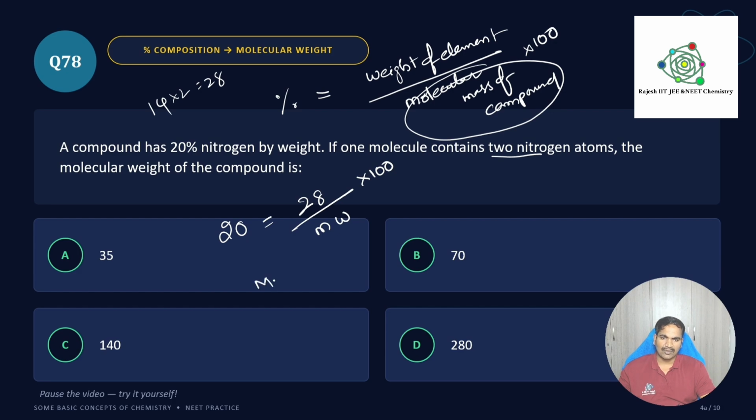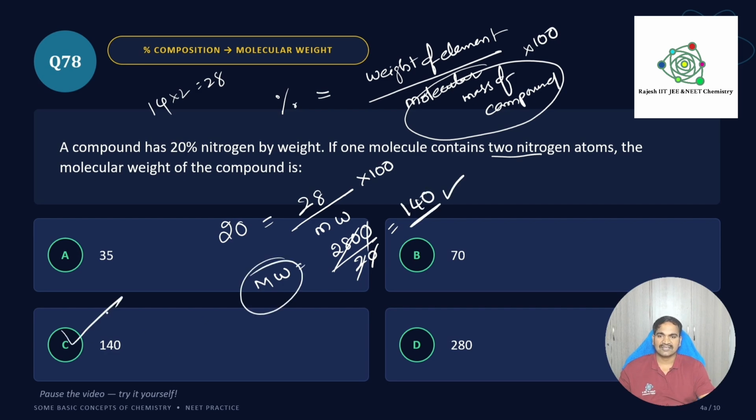Therefore, the molecular weight of the compound is equal to 2800 divided by 20. Cancel it. Here we will get 140 as the molecular weight of the compound. So the answer for this question is the third option, option C.